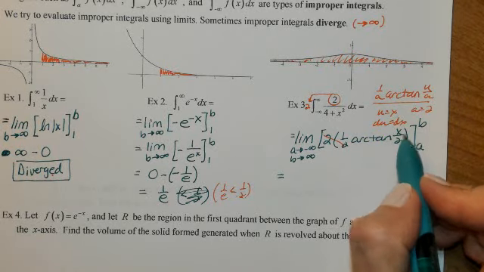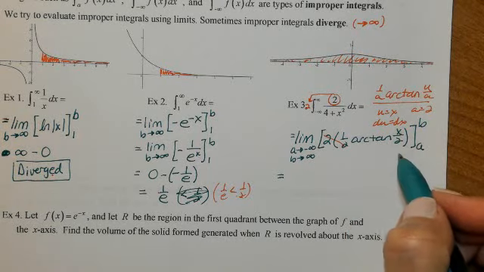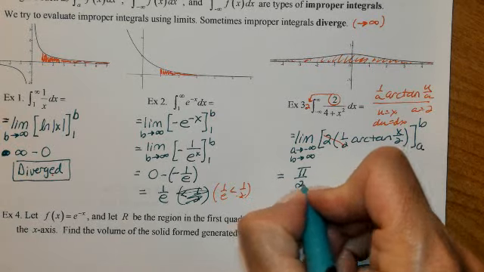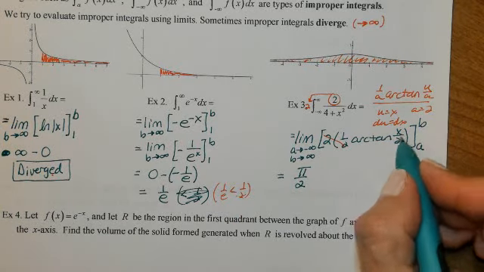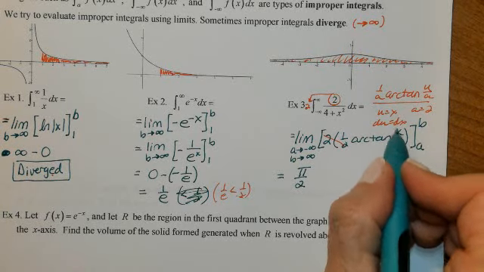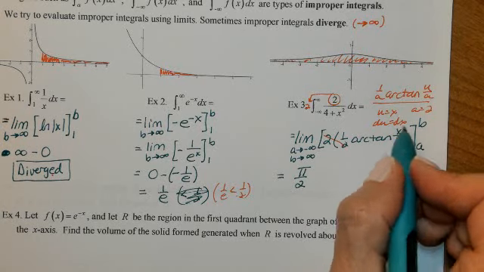What is arctan of infinity? Arctan of infinity is pi over 2. Okay? Arctan of something going to infinity, I should say. That's pi over 2. Let's plug in A now and let A go to negative infinity. What is arctan of something going to negative infinity?